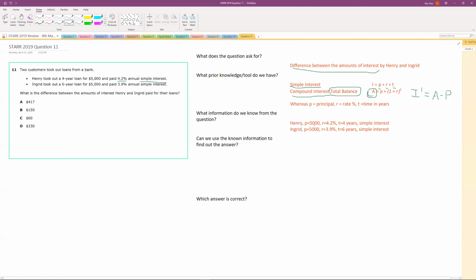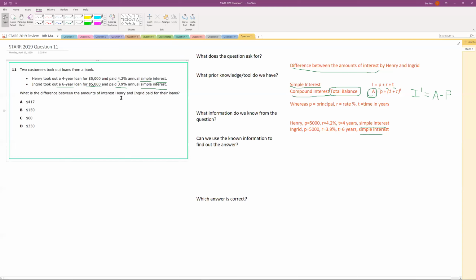With Ingrid, we know P is 5,000, the rate is 3.9%, and the time is 6 years, and it's also simple interest. So both of them are simple interest. This question does not involve compound interest. It's all about simple interest.